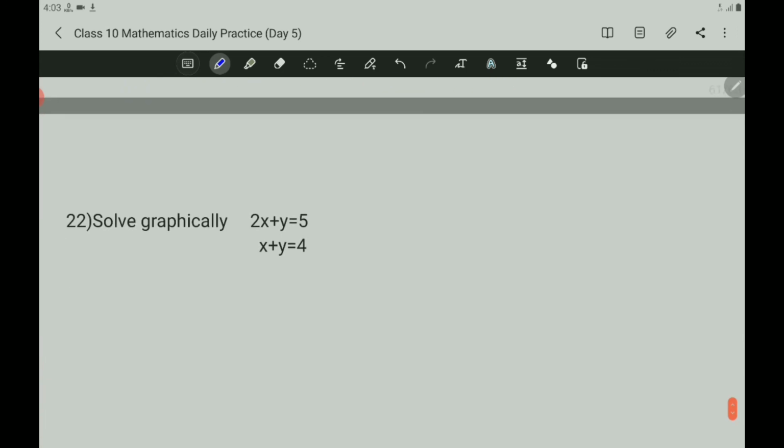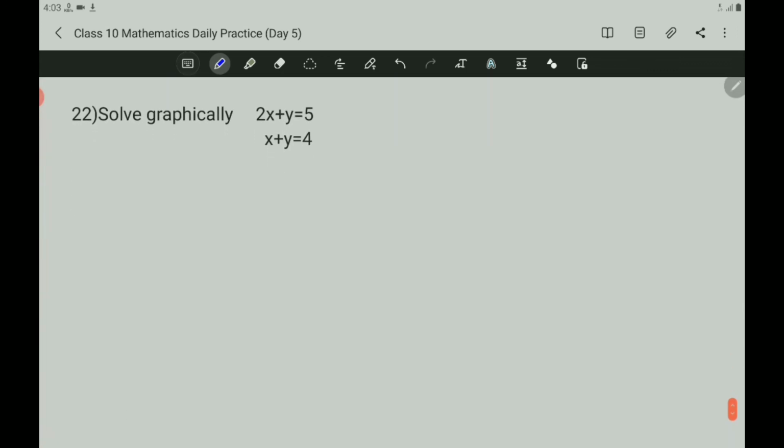Next, let us take question number 22. Solve graphically. Solve the pair of linear equations 2x plus y equals 5, x plus y equals 4 graphically. Now you take the first equation, that is 2x plus y equals 5, and you convert this into the form of y equals.